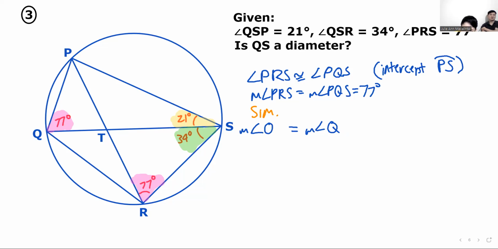QSR and QPR intercept arc QR. So this is equal to 34 degrees. So you can already equate it to the 34 degrees.